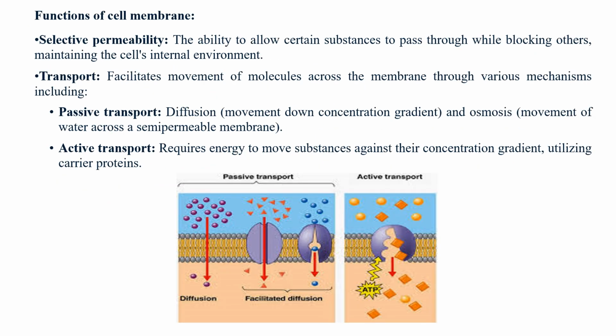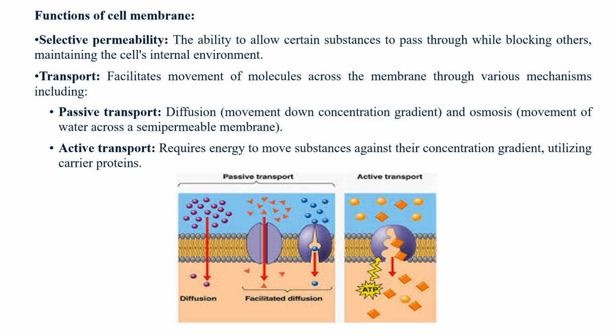As I previously said, cell membrane is selectively permeable. It is the ability of a plasma membrane to allow certain substances to pass through while blocking others to maintain the internal cell environment. And this plasma membrane facilitates the movement of molecules by certain mechanisms. So one is active transport and the other is passive transport.